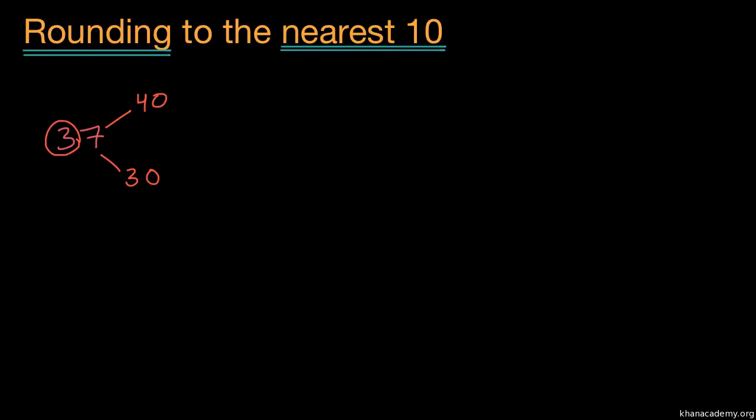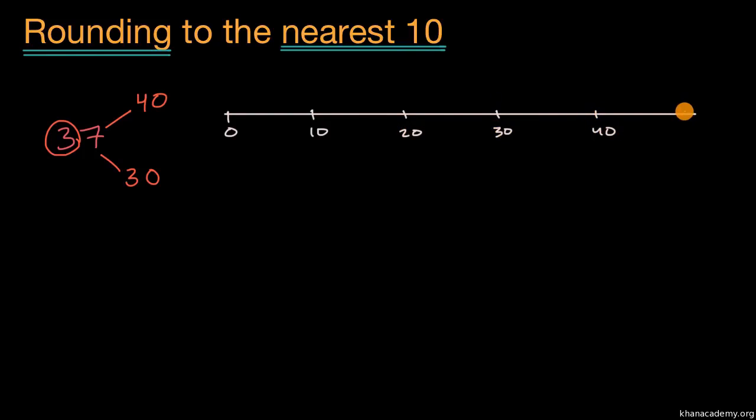Well, to answer that question, let's first just do it visually on a number line, and then we can come up with some rules for ourselves. And so first of all, let's just count by tens and make sure we include 30 and 40. So if we start at 0, 10, 20, actually let me have a little bit more space because I want to see the interesting things that are going to go on. 0, 10, 20, 30, 40, that's enough, but I could just go to 50 just to complete this number line.